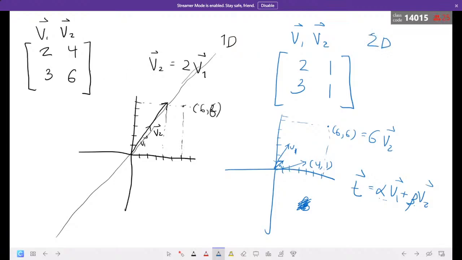Okay, this only spans in one dimension, and we can say that these two vectors, V1 and V2, the black one, are linearly dependent. This is linearly dependent, or not linearly independent. As simple as that.